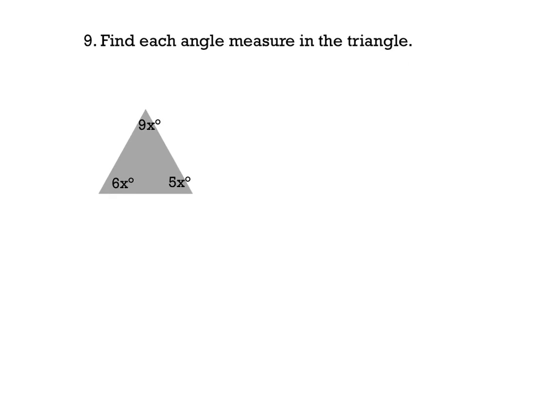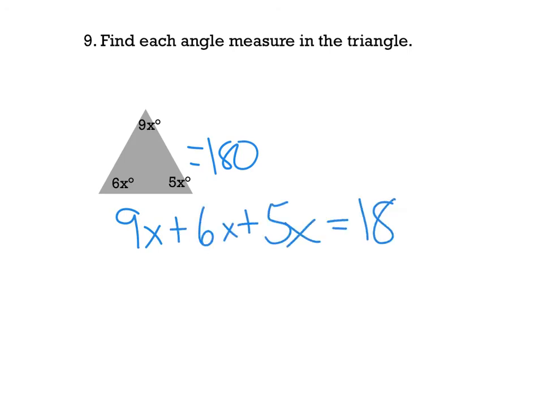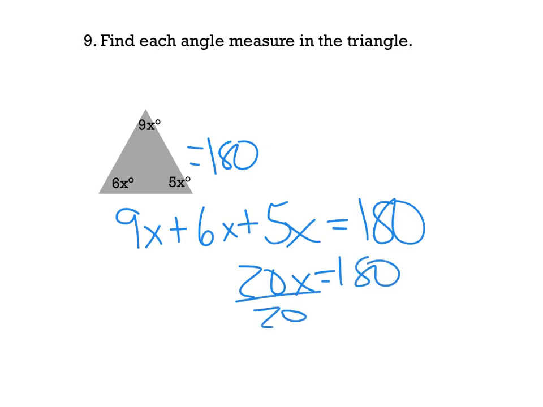Here, when you find each angle measure in the triangle, you know that all 3 angles added up gives you 180. So to solve this, you're going to add up all of your sides, and that gives you 20x equals 180. Divide by 20, and x equals 9.